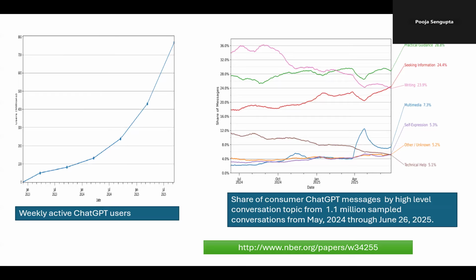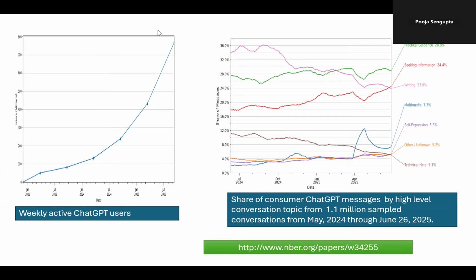On the right-hand side, we have broken down these ChatGPT users by the different reasons for using ChatGPT. So the different colored lines on the right-hand panel are helping us understand exactly what reasons people use ChatGPT for and what percentage of the total ChatGPT users are actually broken down into each of these different headers.